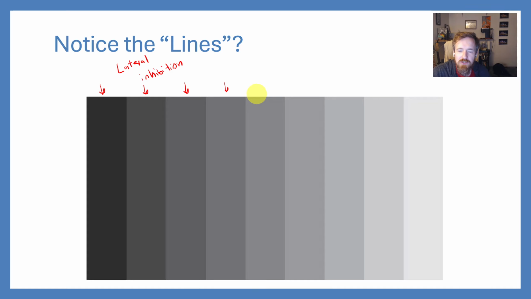But the interesting thing is that we have these lines that are created from these sudden abrupt shifts to a different shading. And if you look at these lines, it looks like they are a little bit darker than the rest of this side or the rest of this side.